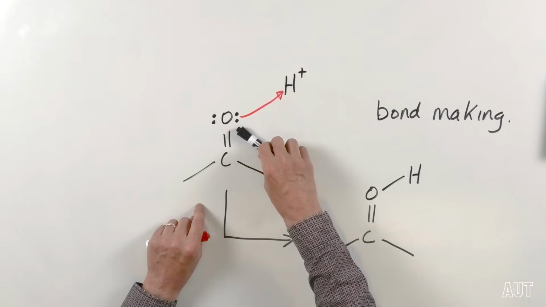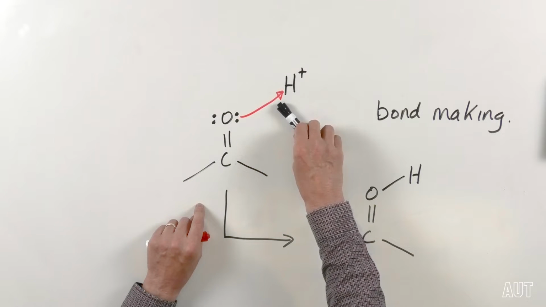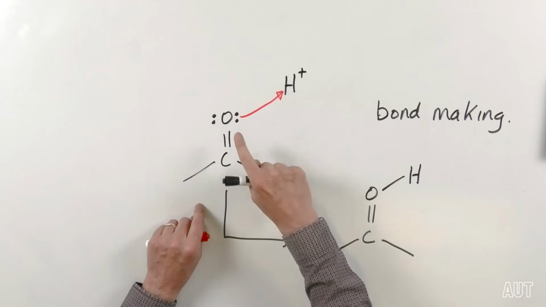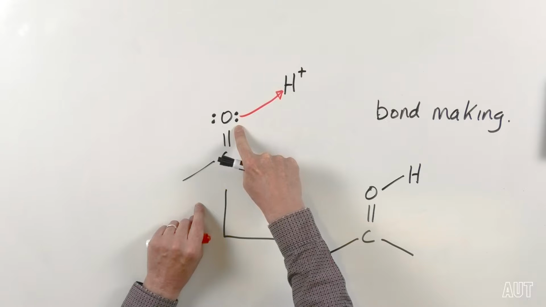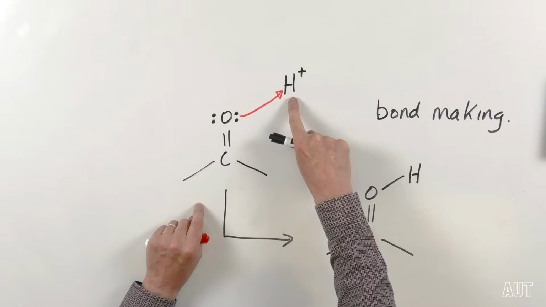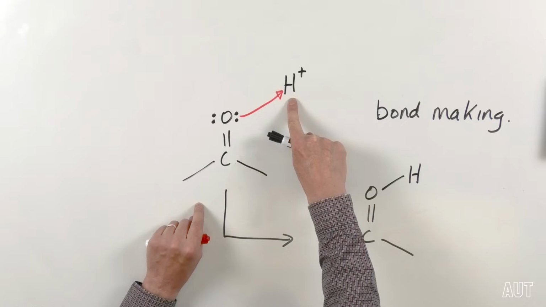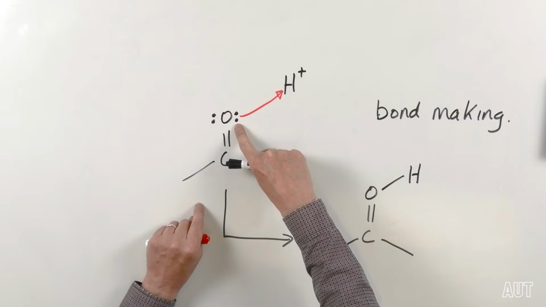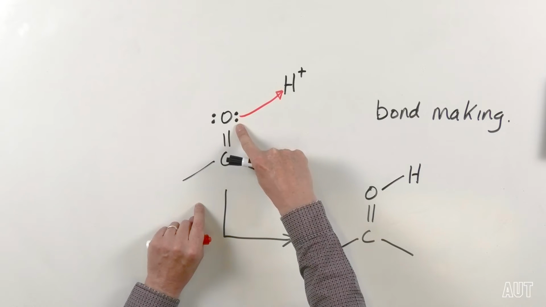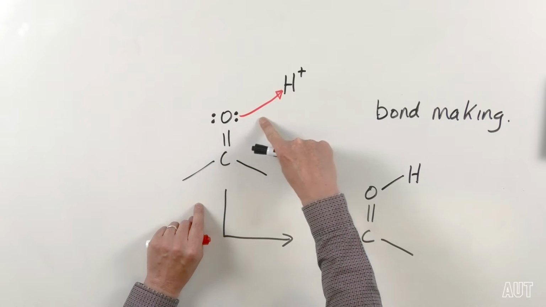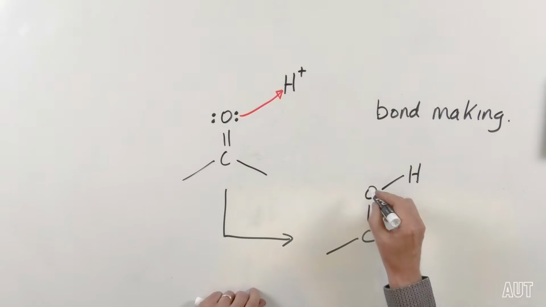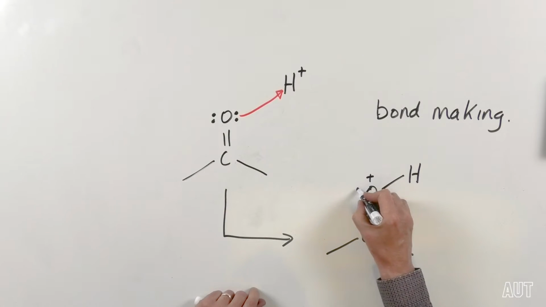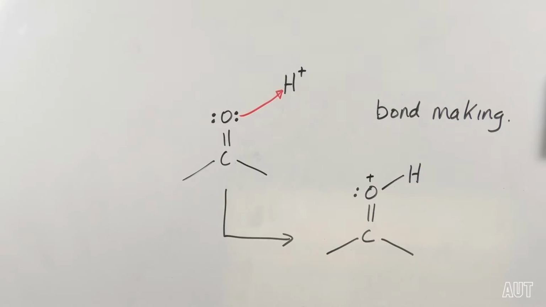What is happening when we take that electron pair is that the oxygen still owns one of the electrons in that pair that we're forming the bond with, but it formally loses the other one to hydrogen. So we're going from a situation where oxygen is very happy, formal charge of 0, to essentially giving away one electron here, and so that is going to leave that oxygen with a positive charge.